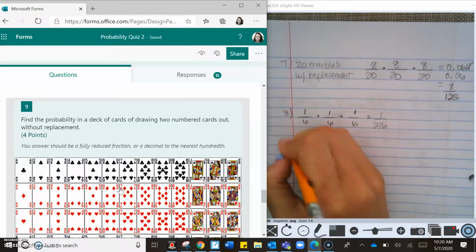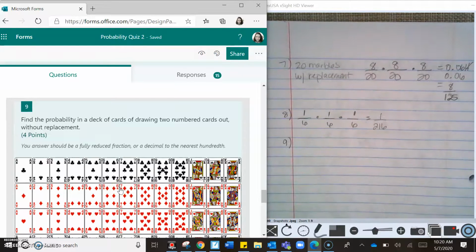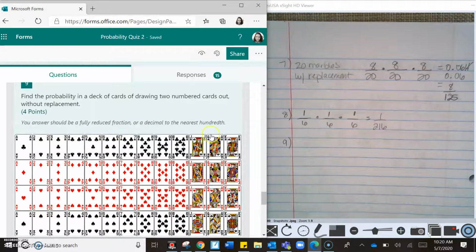Number 9. Find the probability of the deck of cards of drawing 2 numbered cards out of the deck without replacement. So when I look at numbered cards, I'm looking at 2 through 10. Those actually have numbers on them. Okay, 2 through 10. So that is 1, 2, 3, 4, 5, 6, 7, 8, 9.